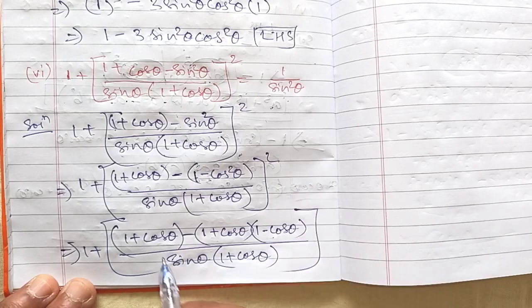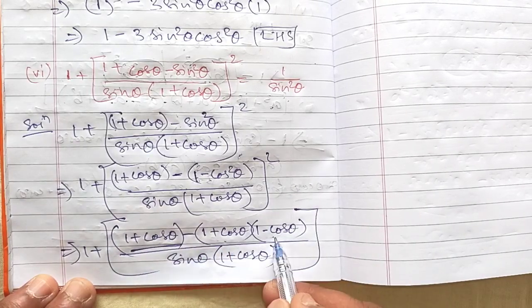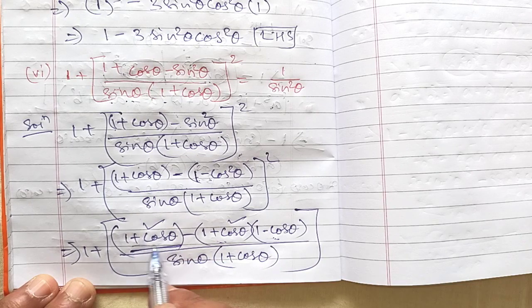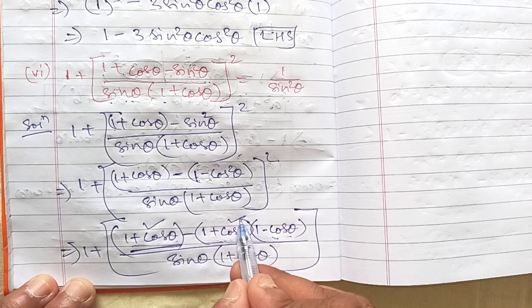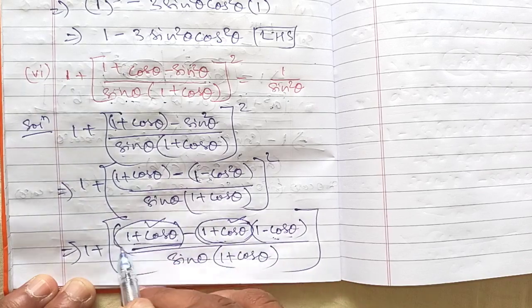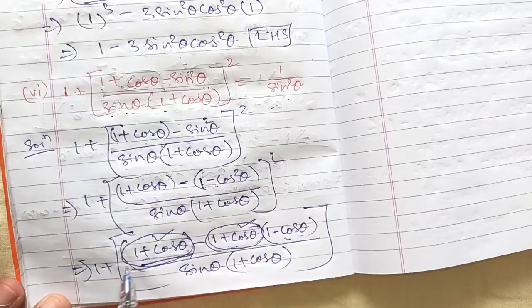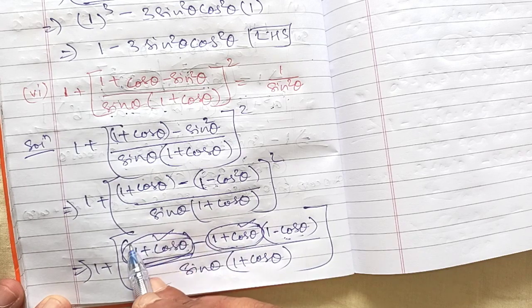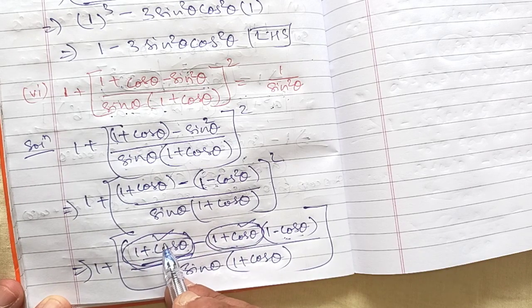Okay. Here only one term is there, here two terms are there. Can we take out these two common? Okay. So from this we will take out 1 plus cos theta common. From here we will take out 1 plus cos theta common. Okay. So what will be left? So if I will take out 1 plus cos theta common from here, 1 will be left.